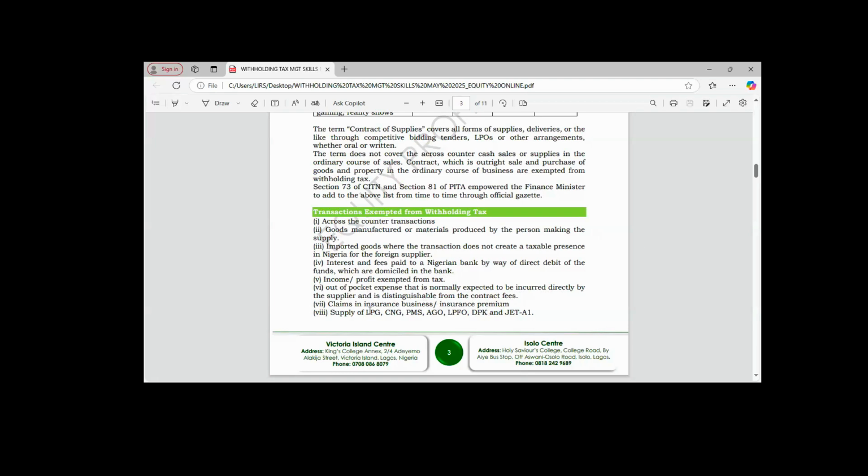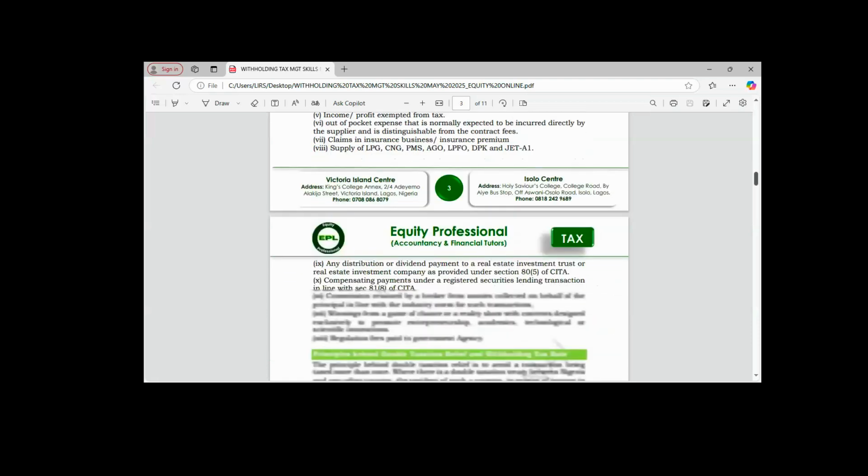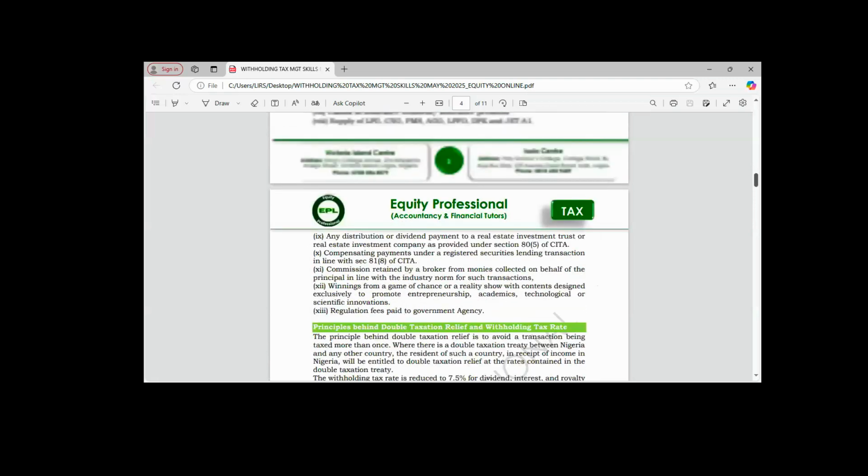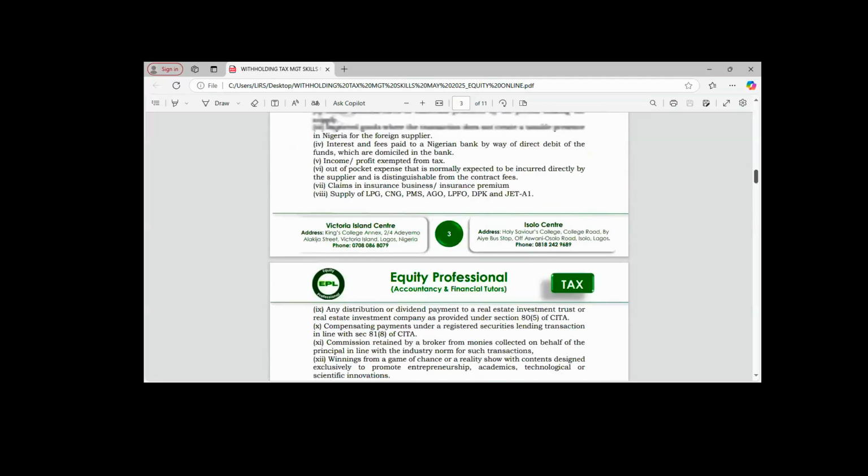Supply of oil and gas products, petrol, gas, any of the products, is exempted from withholding tax. That is part of the new regulation, which has exempted petroleum products from withholding tax deduction.